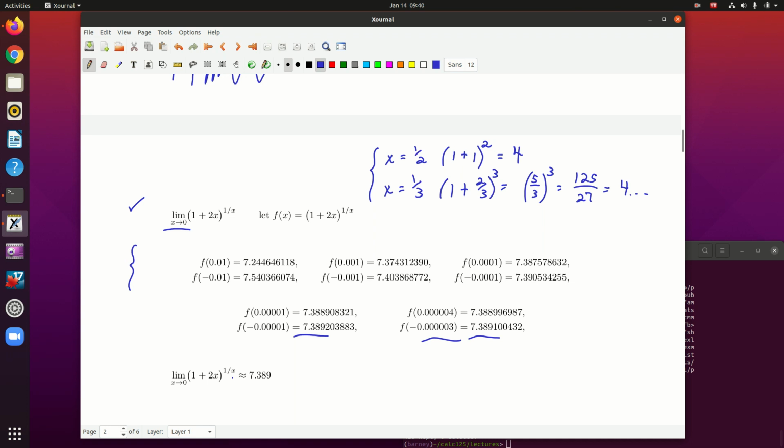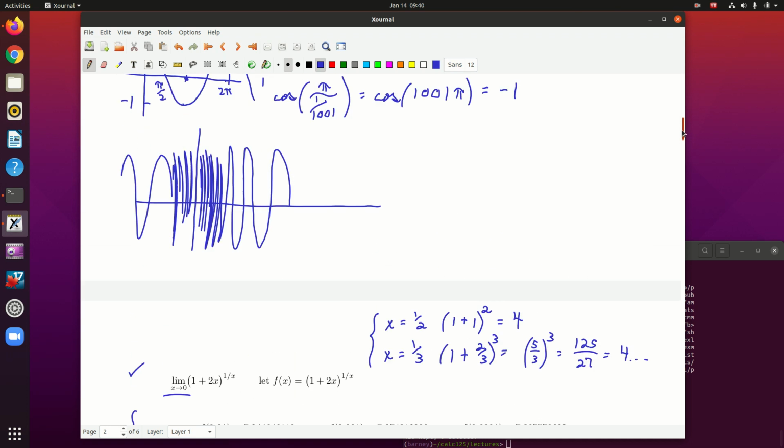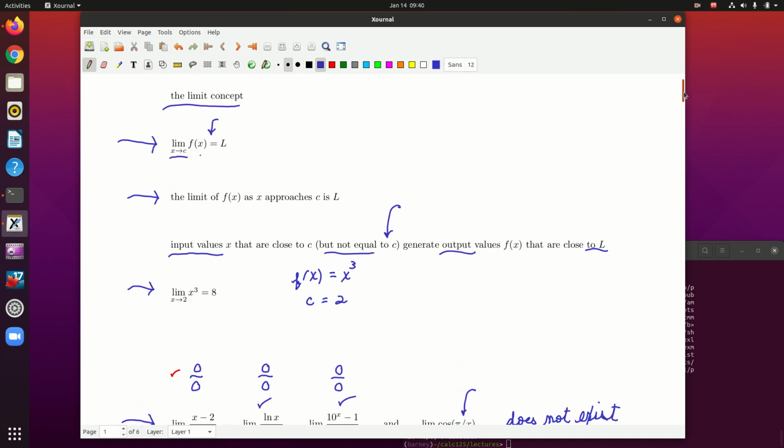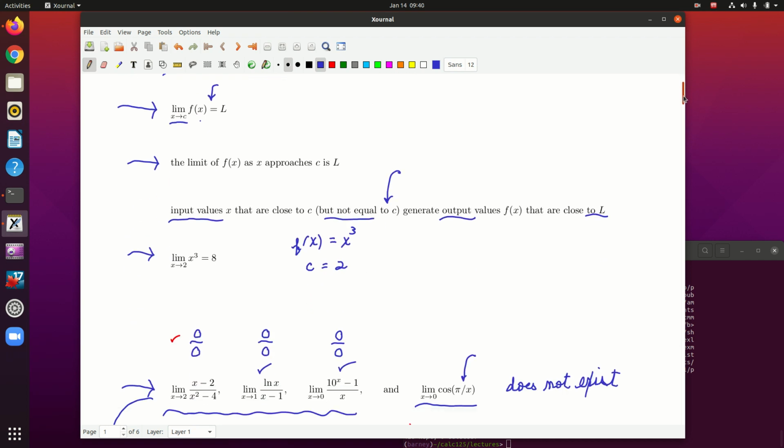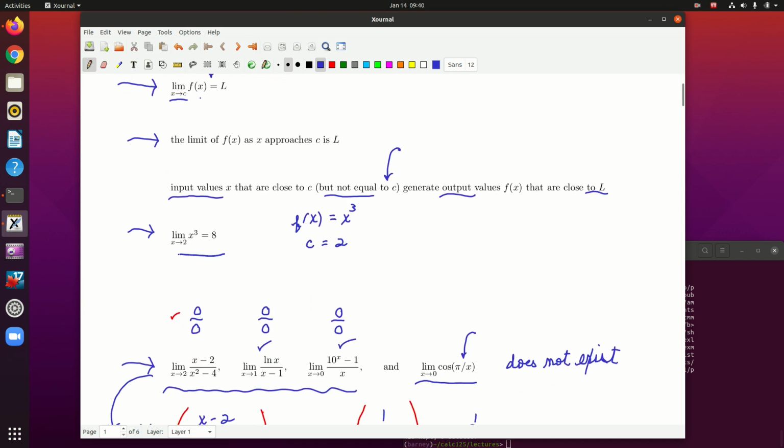Now let me go back, because up here with this one, we're back to this guy. It's true that when you plug in numbers close to 2 and cube them, you get numbers close to 8. So like if you put in 1.99995, cube that, you get something really close to 8.